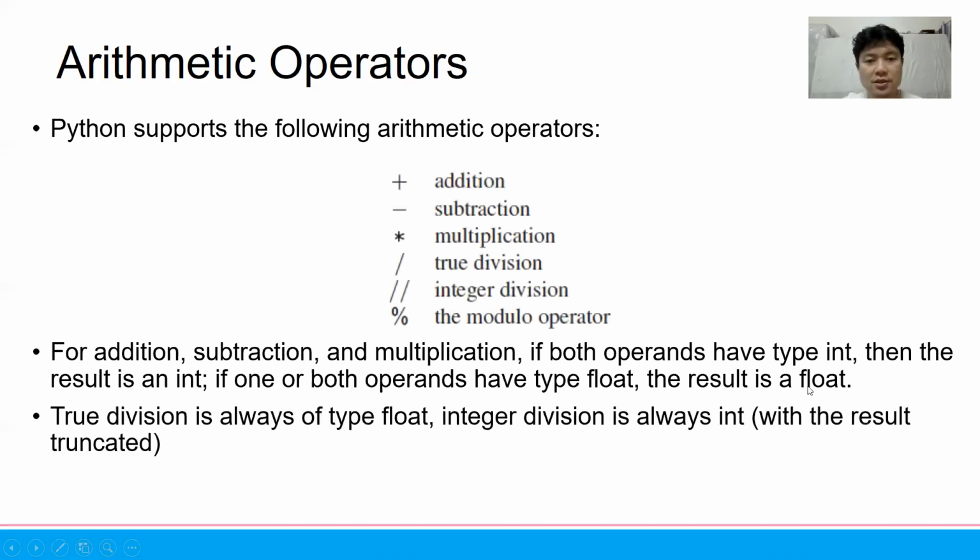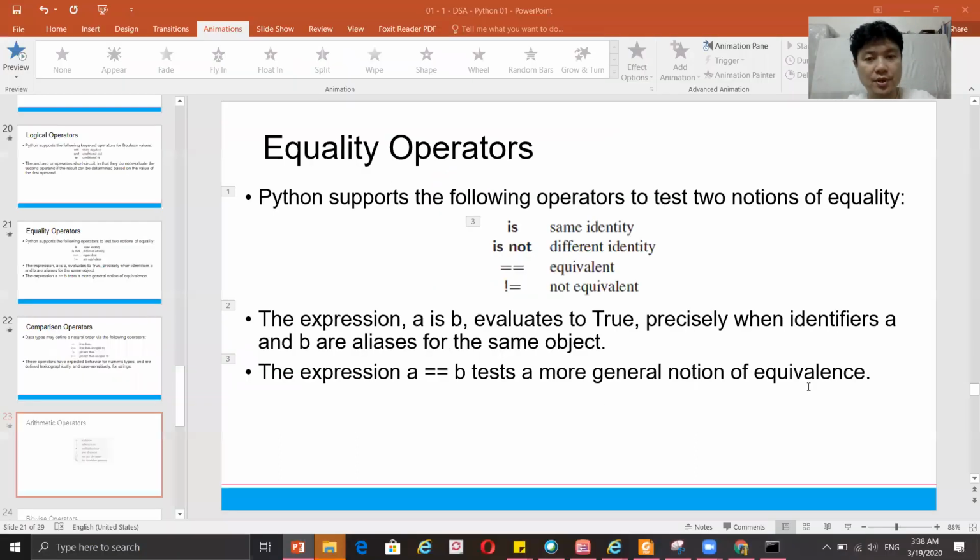You can distinguish between true division and integer division. True division is always of type float, but integer division is always integer, with the result truncated. So we have addition, subtraction, multiplication, true division, integer division, and the modulo operator. Let's check what they are.